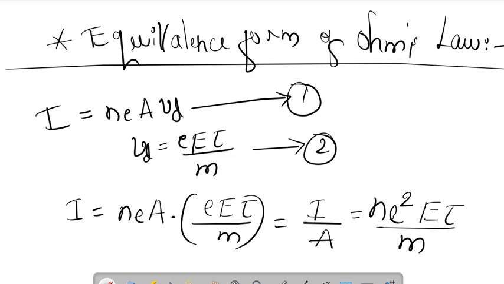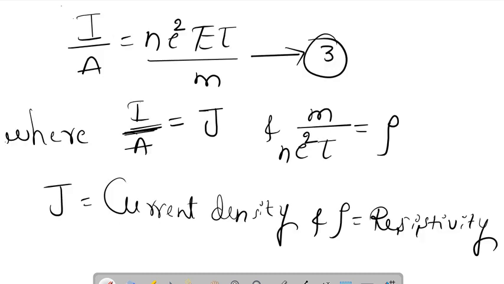So what is the formula for current in terms of drift velocity? That is neA into vd. But vd is E tau divided by m. If you substitute equation number 2 in equation number 1, you will get I by A is equal to n e square E tau divided by m. Where I by A is the current density J, and m divided by n e square tau is the resistivity.